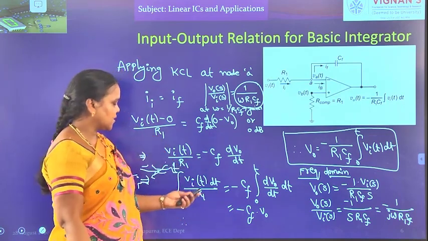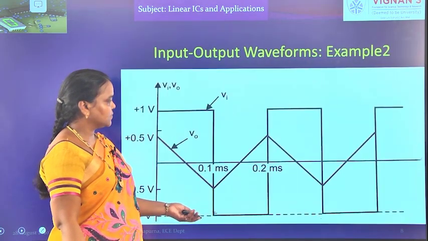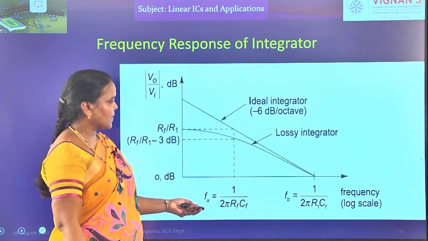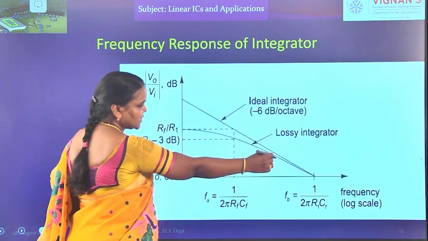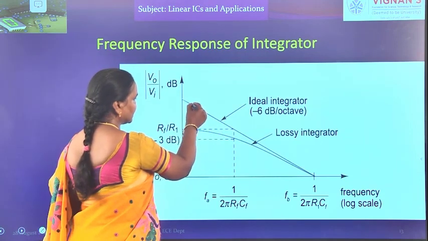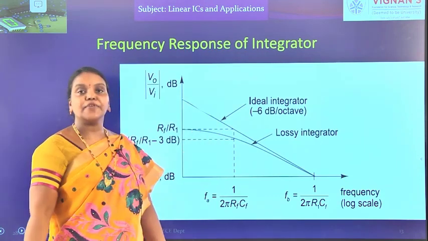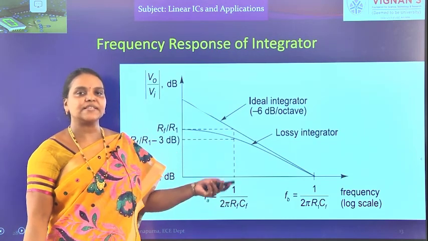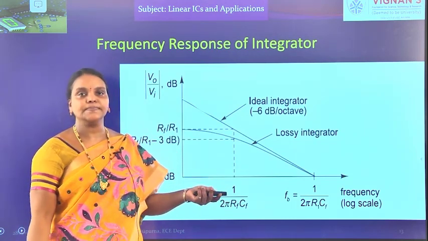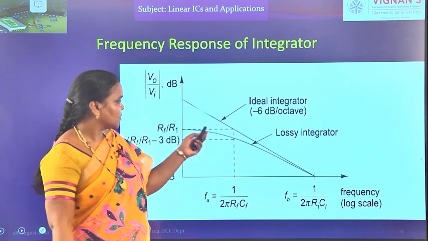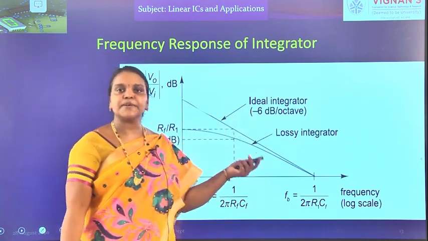So, you can observe that here. This is the basic integrator circuit. And in your control systems, you have seen what should be the slope. Here there is only one omega term, so it is minus 20 decibels per decade or minus 6 decibels per octave.